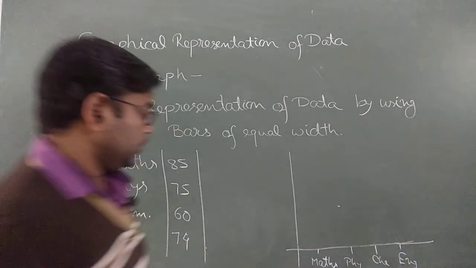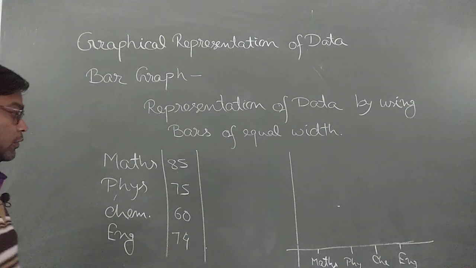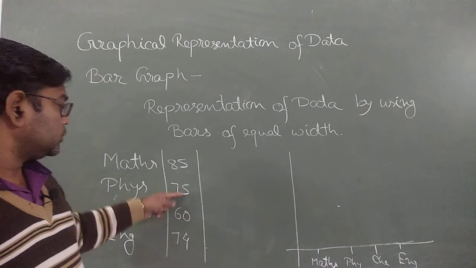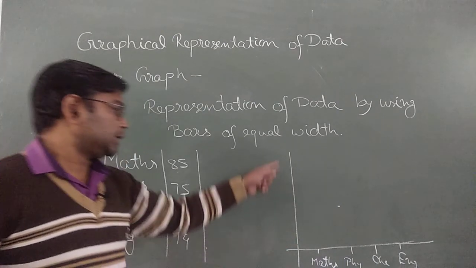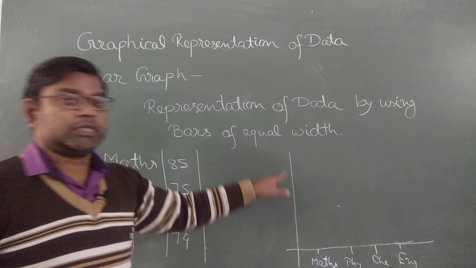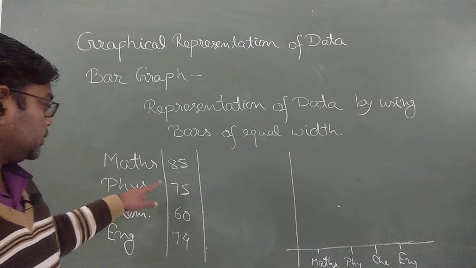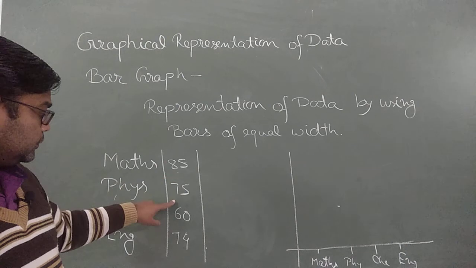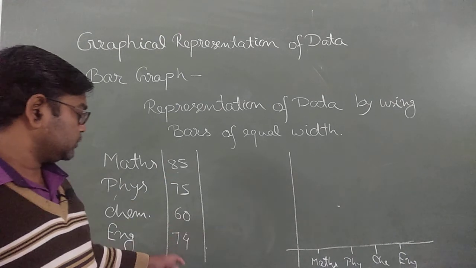Clear? Now, our main work is to plot these points on the y-axis. These are the variable part now. So the variable part always is plotted on the y-axis. See, these are multiples of 5, but this is not.